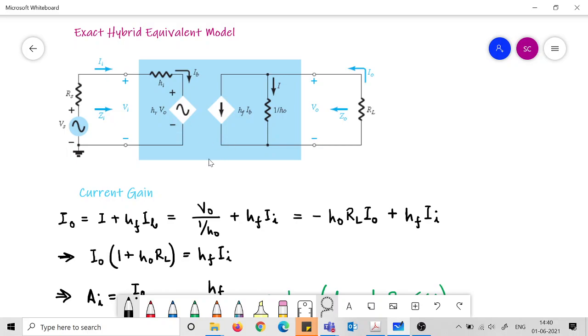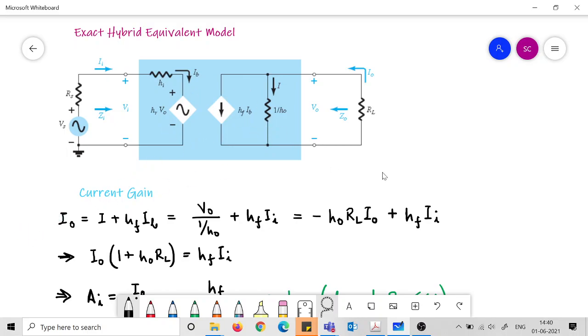When it is common emitter you would have to use HIE in place of HI. When it is common base you have to use HIB in place of HI. That's all. This is the beauty of making it a two-port network, because these parameters remain the same.